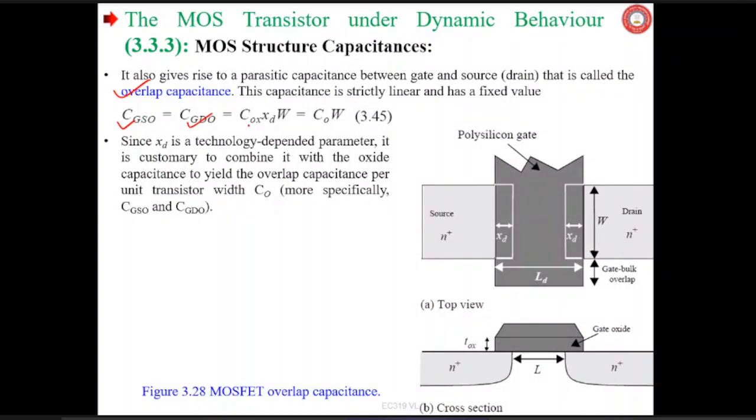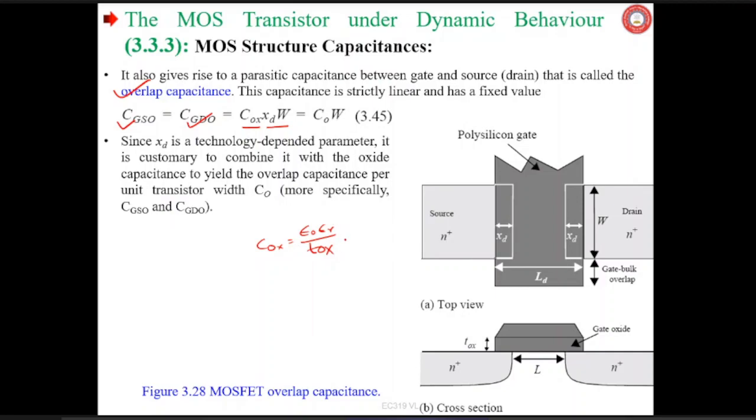And it is equal to what? COX into XD into W. COX, gate oxide capacitance, is what? Epsilon 0 epsilon R by tox, right?